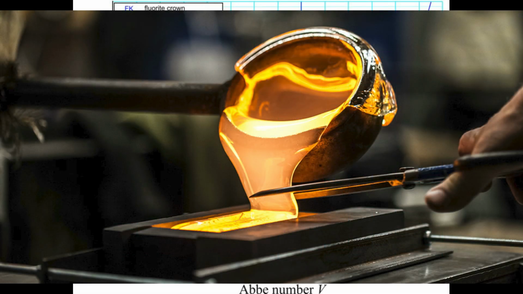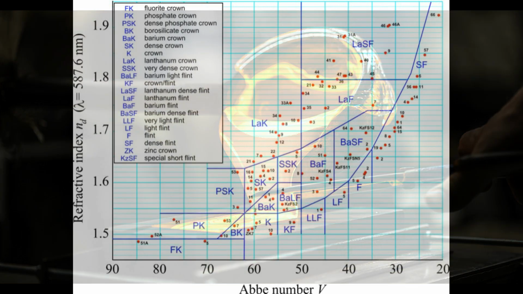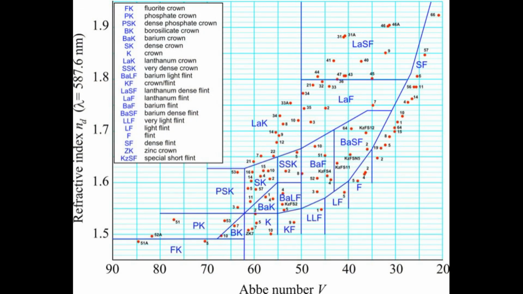Chemically speaking, glass is a solution of silica, soda, and lime. But you can change its optical properties, which are refractive index and dispersion, by adding different substances to it.